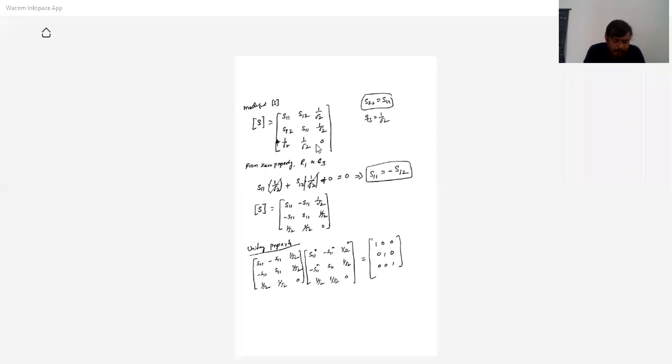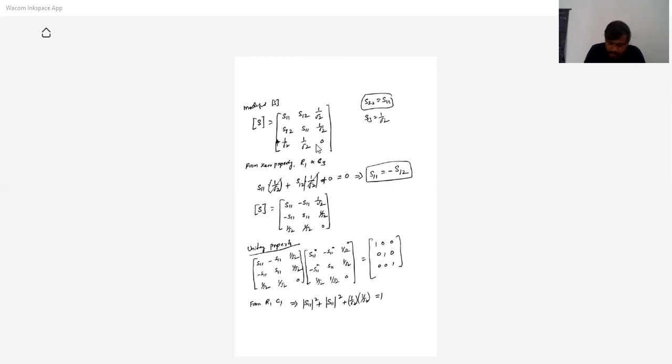Now you can take R1 C1. Otherwise you can write it directly. So this is S11 square plus S11 square plus 1 by root 2 into 1 by root 2, that is equal to 1.